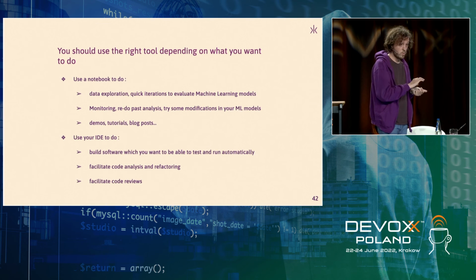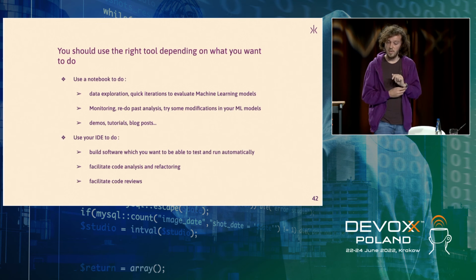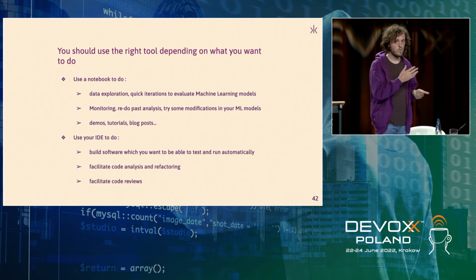But if what you want to do is just some quick exploration, or if you want a tool to easily try stuff next to your software, you should use a notebook. In that case, you have tools such as Jupyter to help you maintain and ensure that your notebook is high-quality code. And you can also use a notebook just as a tool to teach people, to show people what you can do in machine learning with your data, etc.